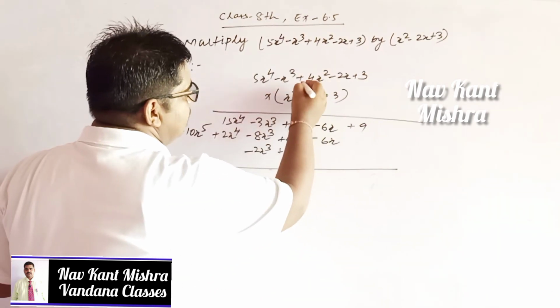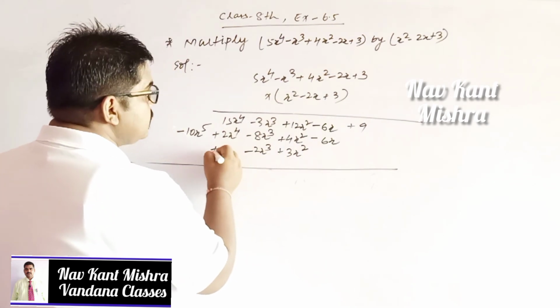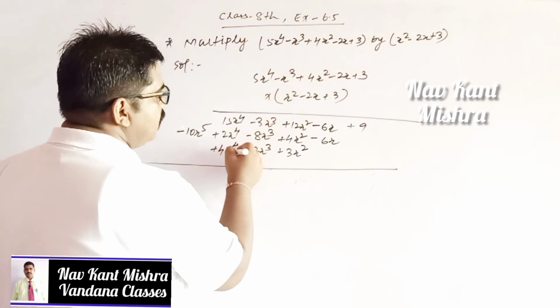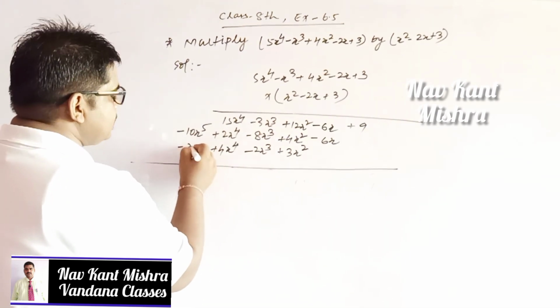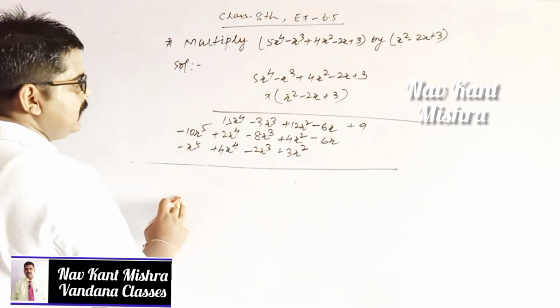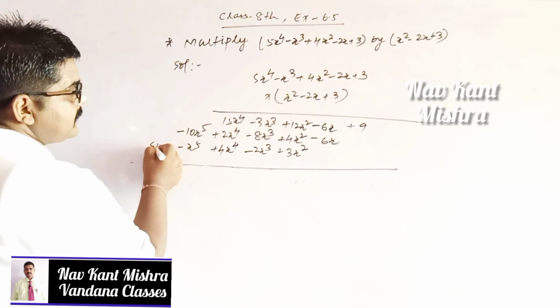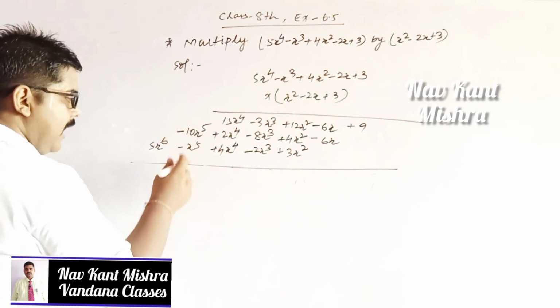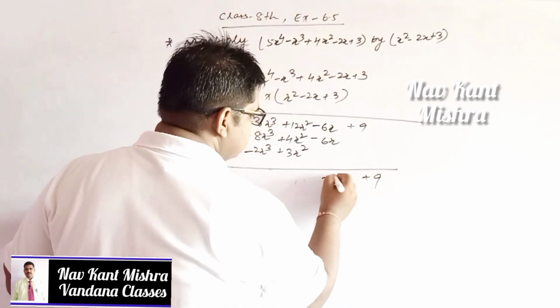When x squared is multiplied by 4x squared, you write plus 4x to the power 4. X squared multiplied by minus x cube is minus x to the power 5. X squared multiplied by 5x to the power 4 is 5x to the power 6.